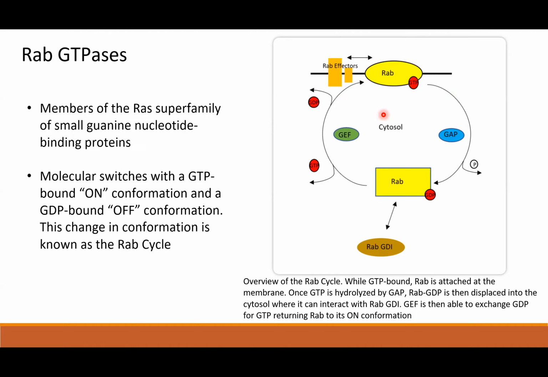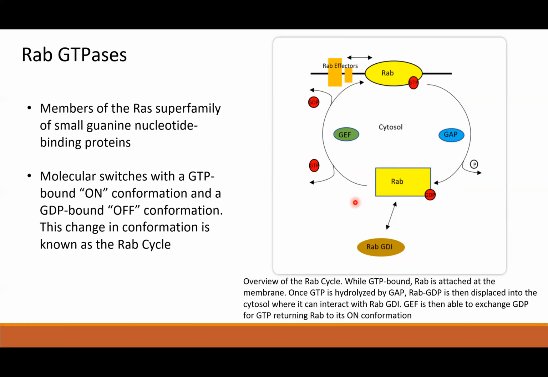When it is done with its function, it is hydrolyzed by the GTPase activating protein, GAP. It will hydrolyze the GTP, removing a phosphate, and leaving Rab in its off conformation bound to GDP. While it is in its off conformation, Rab is able to interact with what is called Rab-GDI, the Rab guanine dissociation inhibitor.